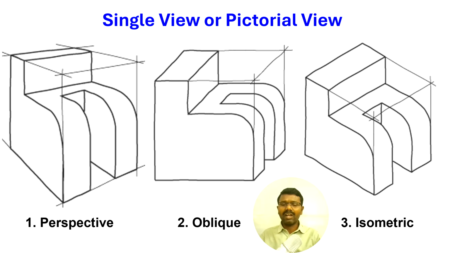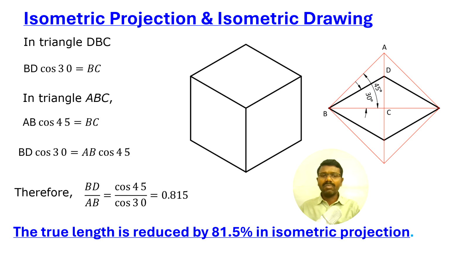Now let us try to understand the difference between isometric projection and isometric drawing. These two have a little difference. Let us assume a cube. This is a cube. We all know the cube consists of 6 different faces, and these are the 3 faces which I can see at most in the isometric projection or isometric view.